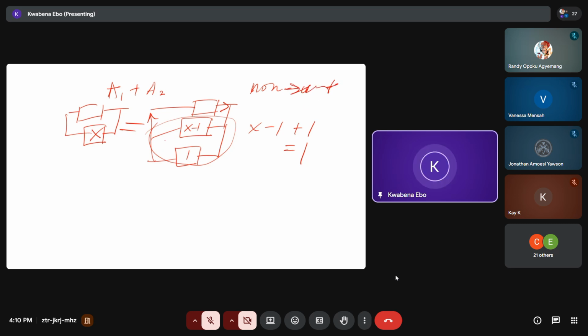Now, when we change it this way, please, if you don't understand anything, you stop me. Let me redraw everything slowly so that it'll be better.